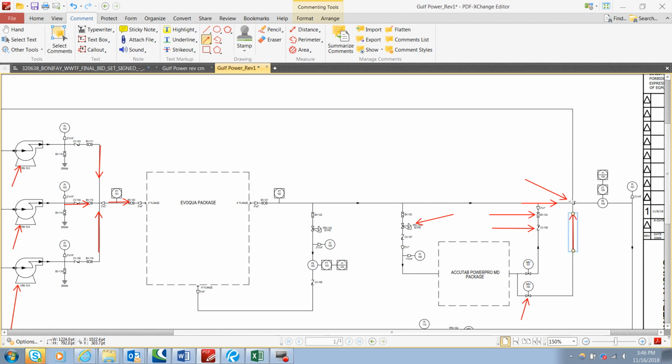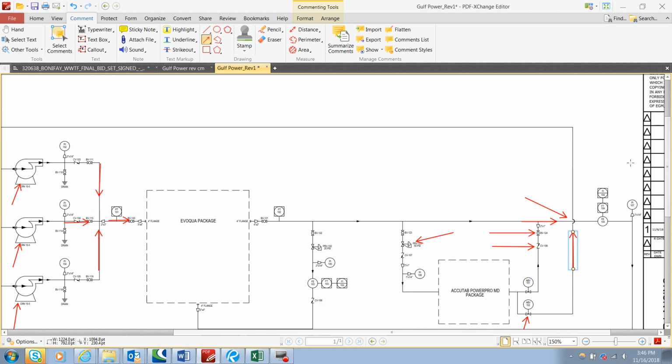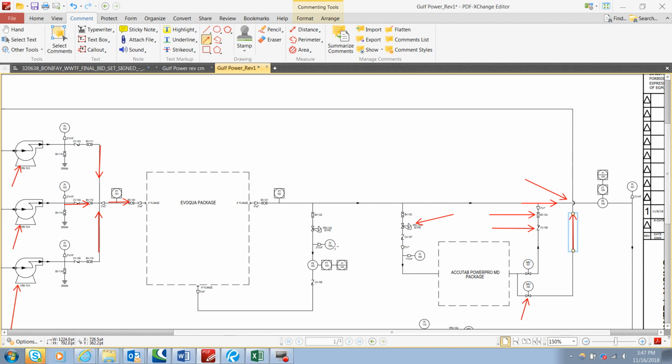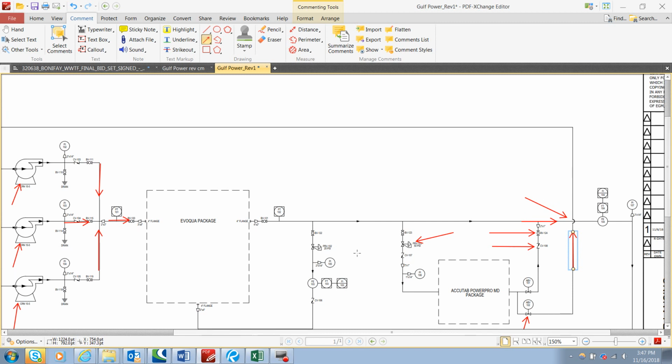We got this little jump over symbol here that tells us that they're not physically connected together. And again, this is a diagram, so these are not representative of any scales or size or anything. They are just pointing you to how the system operates. We will be doing a kind of exercise on P&ID, so make sure you understand what they do mean.